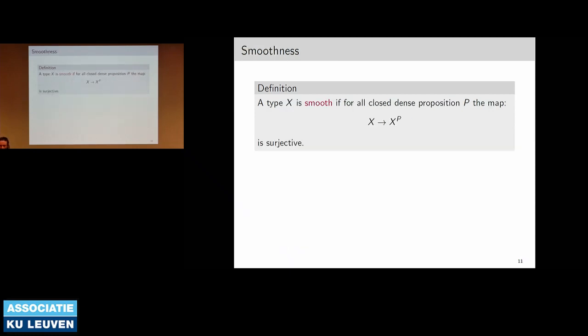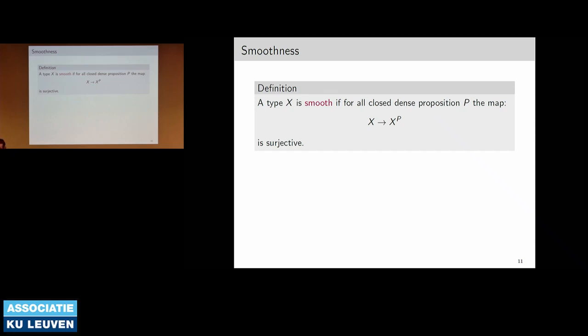Okay. And so from here we can define smoothness for any type. We say that a type X is smooth if given any closed dense proposition P, the canonical map sending a point in X to the constant map with value this point is surjective.